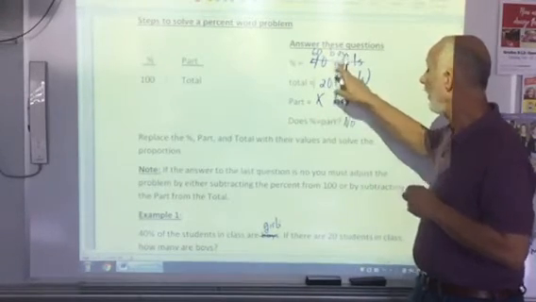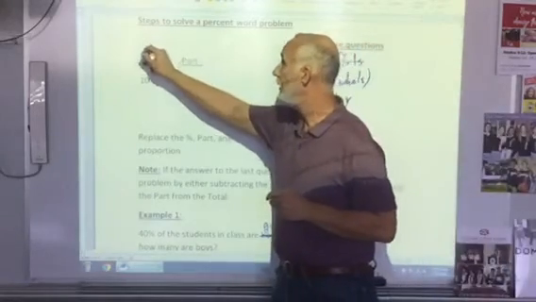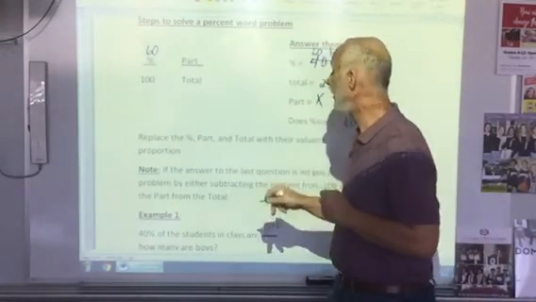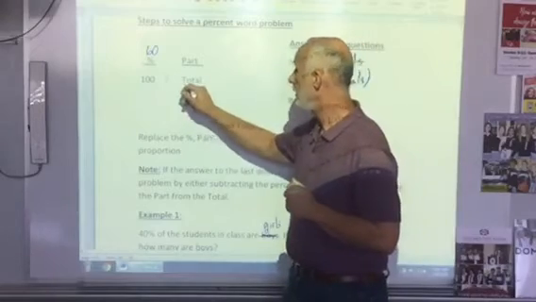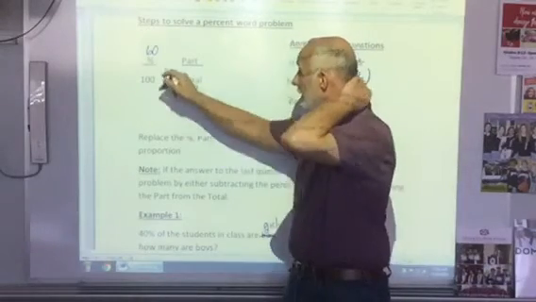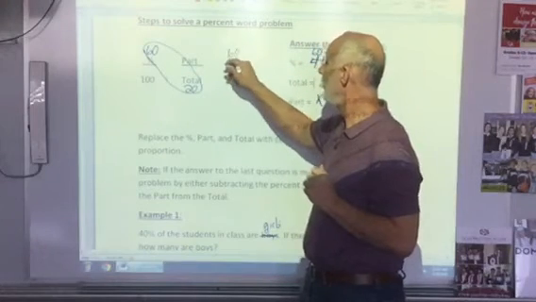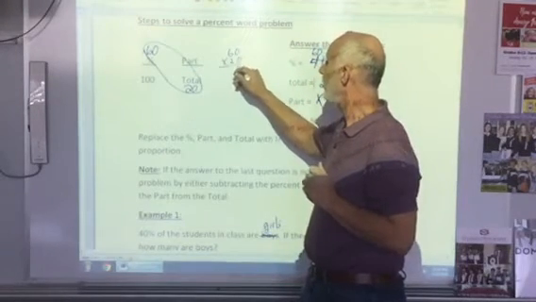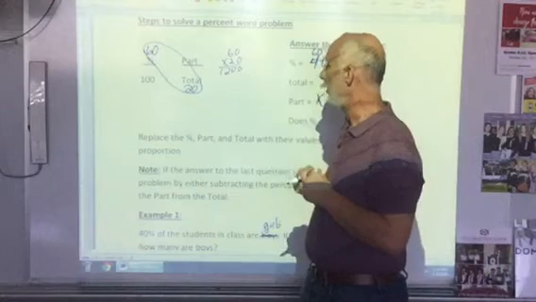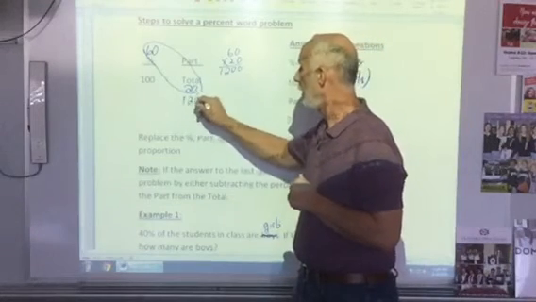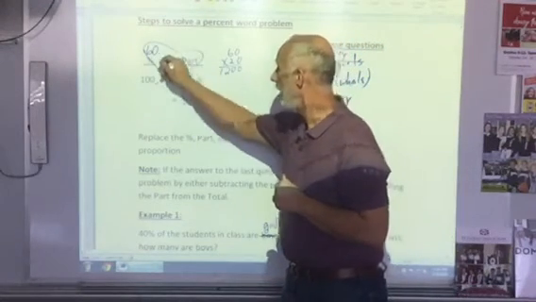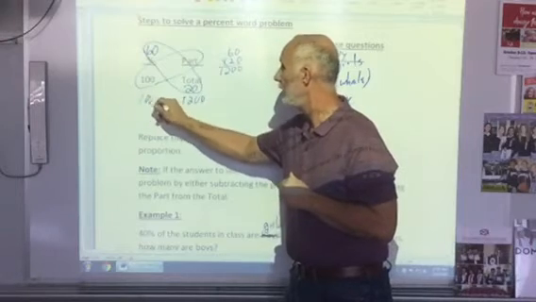So now I replace the percent with 60, and the total as 20, and I solve: 60 times 20 is actually 1,200, equals 100 times X, which is 100X.